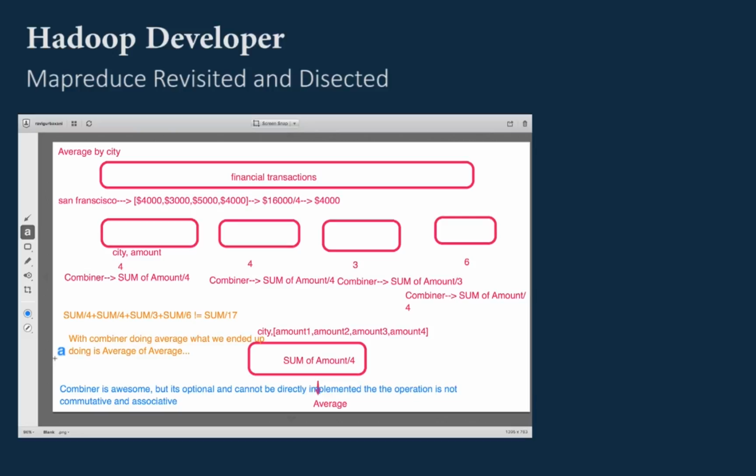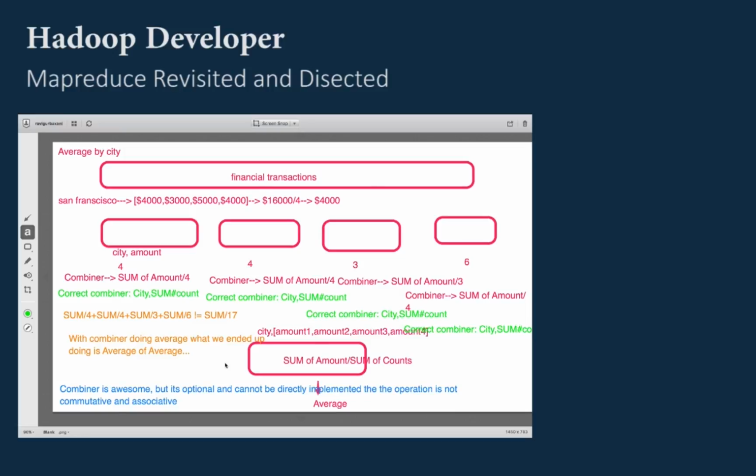In this case, had you written a correct combiner, it could have simply performed the sum from each and every mapper, and here it could have been sum of amount by sum of counts, and that would have given you the output.